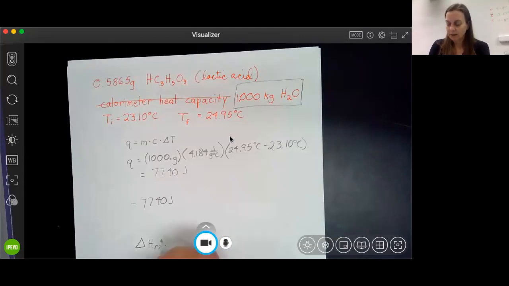And we know that that is equal to the heat given off per mole. So we need to get this in heat per mole. So we have 0.5865 grams of lactic acid. So we're going to need to find the molar mass of that to find how many moles we have.